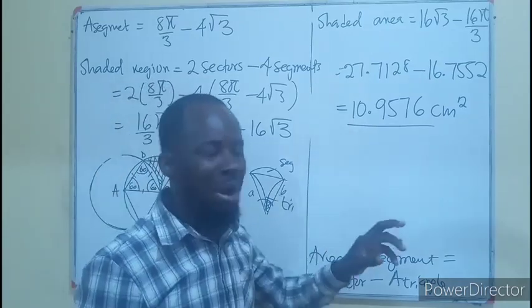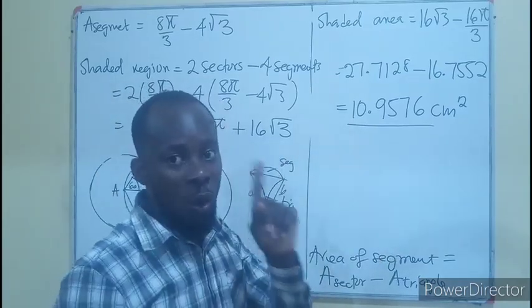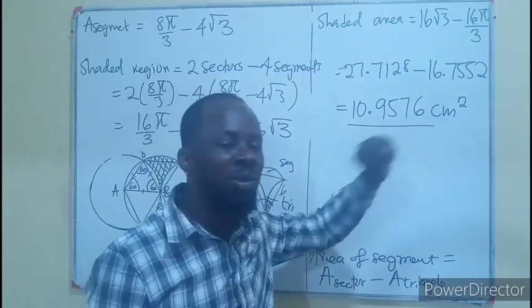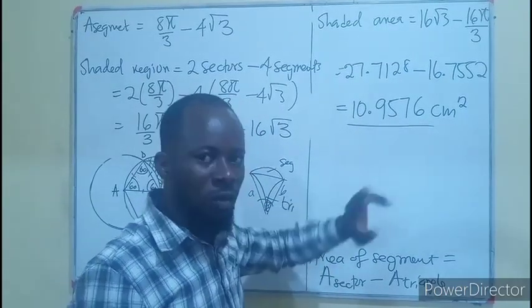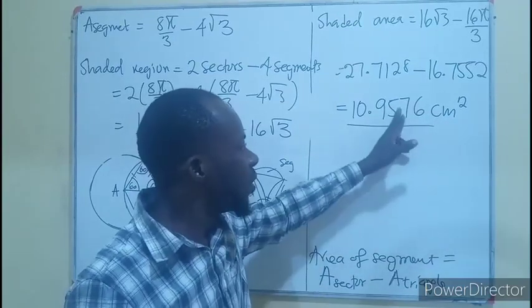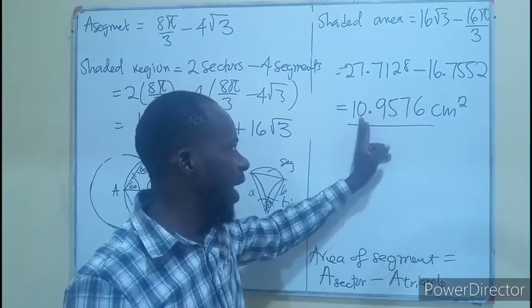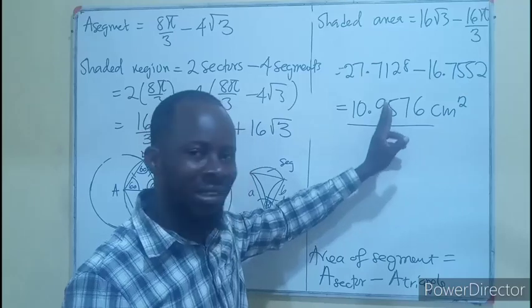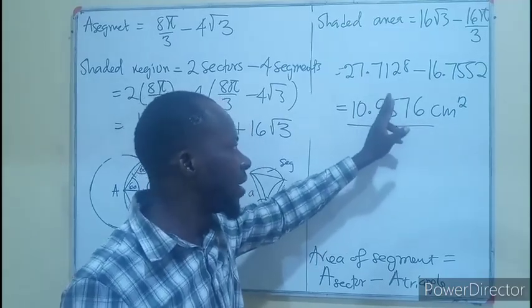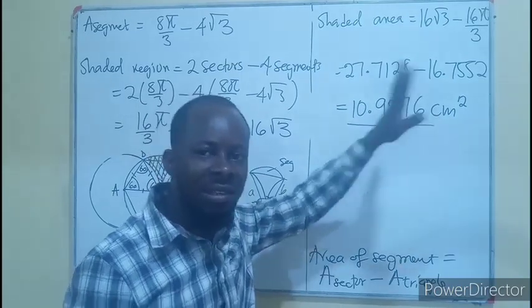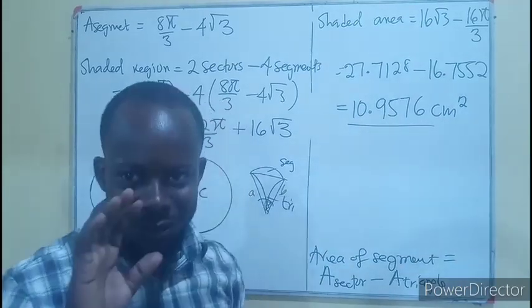To a whole number will be 11 centimeter squared. To only 1 decimal place will also be 11.0. To 2 decimal place will be 10.96. And to 3 decimal places will be 10.958 centimeter squared.